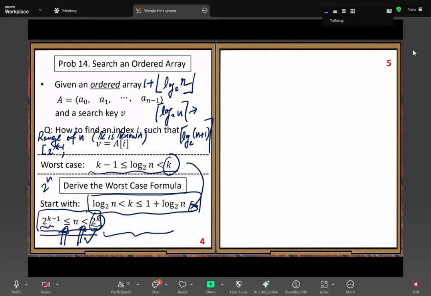So what can you use? The integer should be smaller than 2 to the k, so that is 2 to the k minus 1. That's the upper bound.